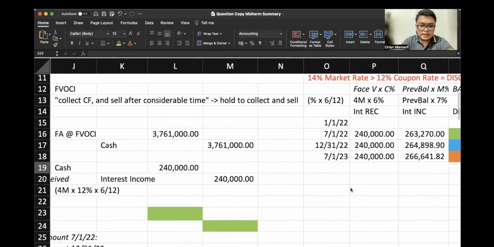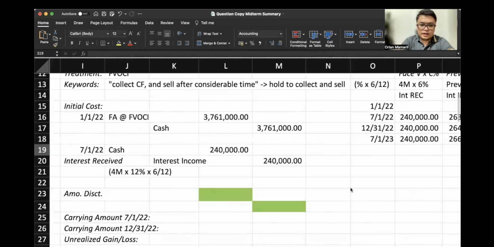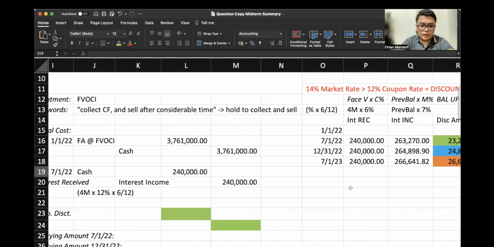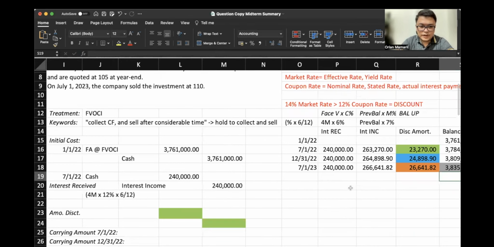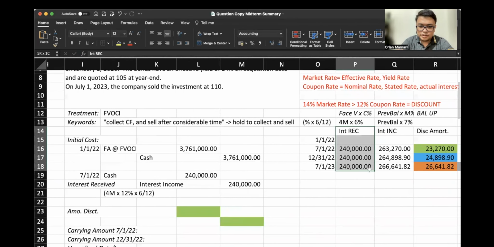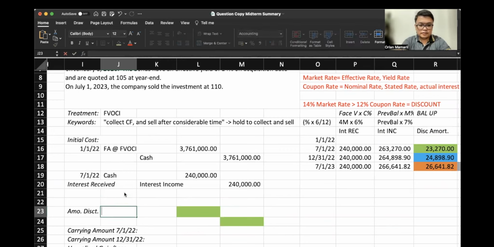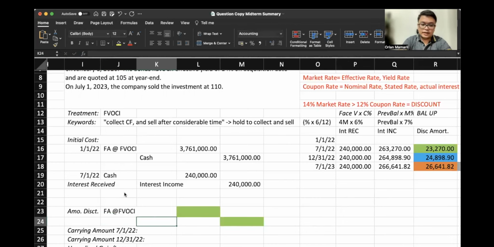Now, if we go here, on 7/1/2022, what happened? We received the interest. We already accounted for this column, but we have not yet accounted for the discount amortization. So there would be a debit for the financial asset, since this is a discount amortization, it increases our financial asset and we recognize interest income.